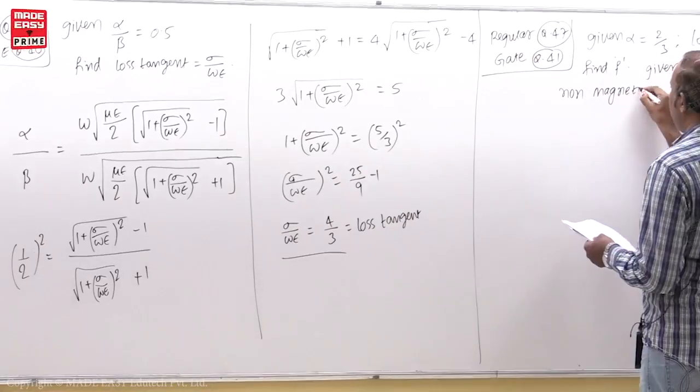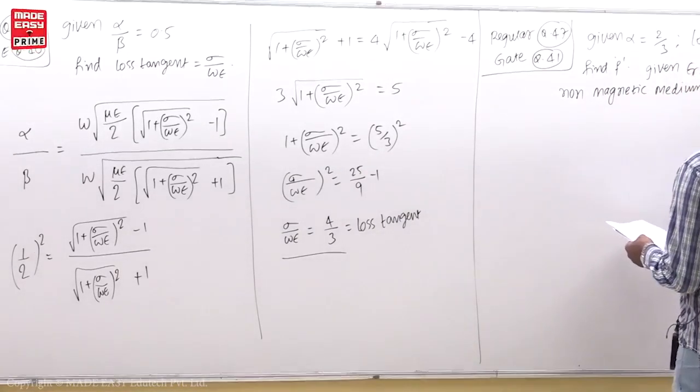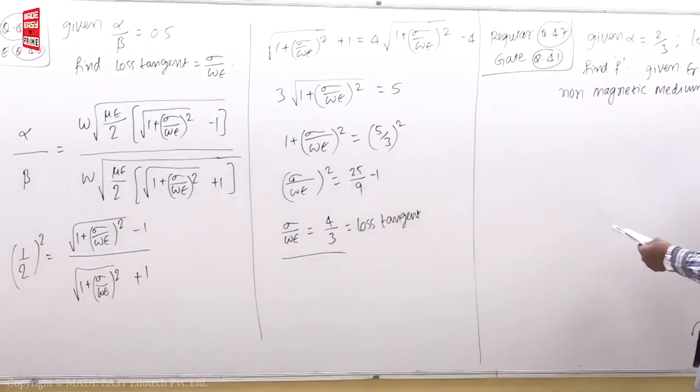For a magnetic medium mu r is greater than 1; for a non-magnetic medium mu r is equal to 1.